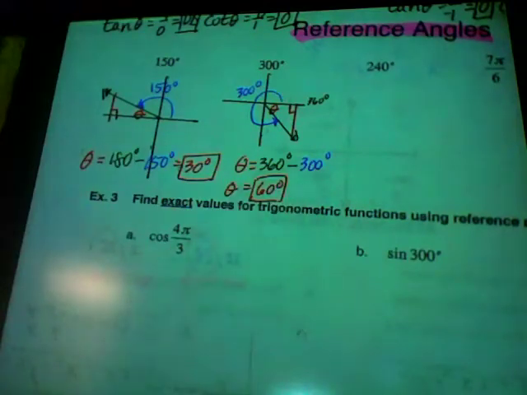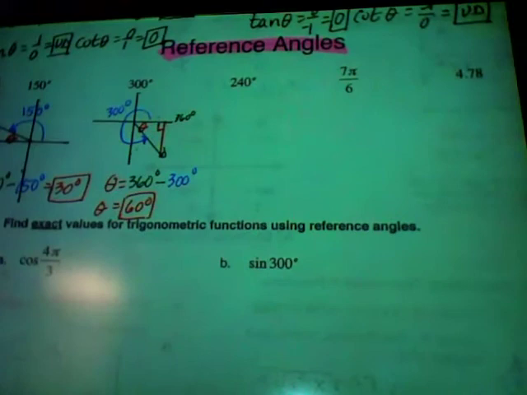So you find the reference angle for 240. Figure out what quadrant 240 is in.